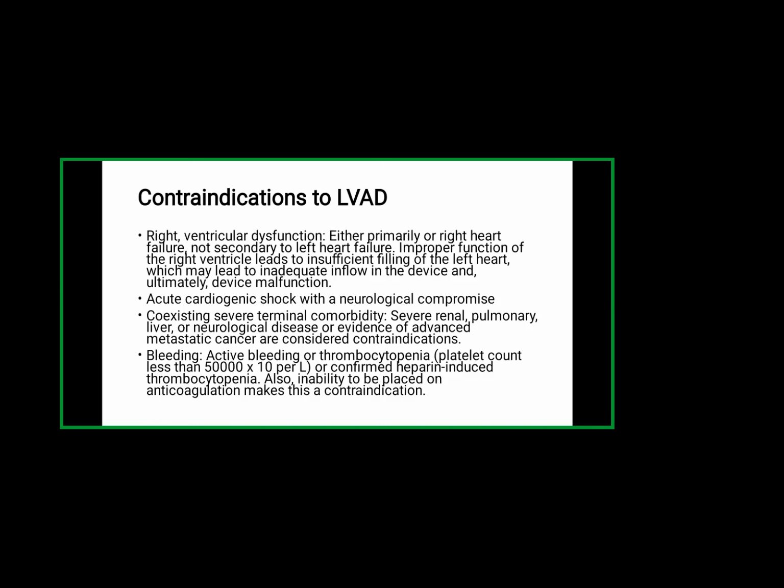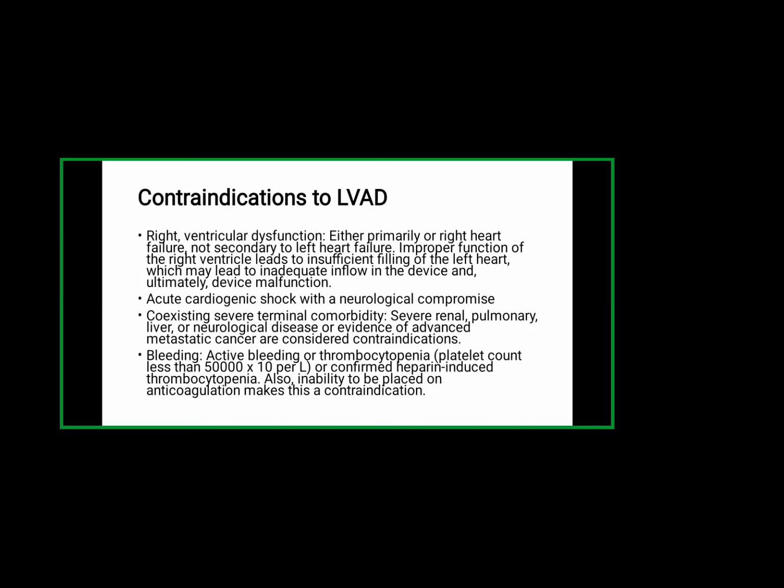Okay, so what are the contraindications to assist devices? Number one, RV systolic dysfunction. It's important to say this is RV systolic dysfunction from primary right heart failure, either lung disease or any other thing that can cause right heart failure, that is not due to left heart failure, which you can tell from the pulmonary capillary wedge pressure.